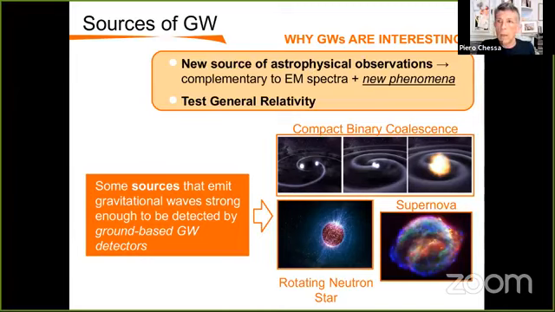That means couples of black holes, of neutron stars, or a couple made of a neutron star and a black hole, coalescing, that means going into a collision. And these have been observed. In principle we can also see emission of gravitational waves by rotating neutron stars or supernovae.